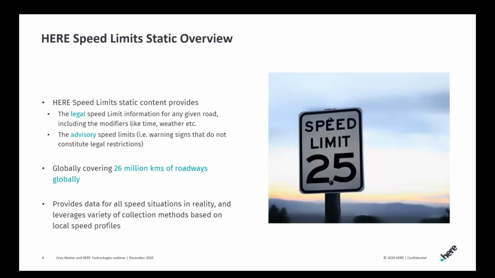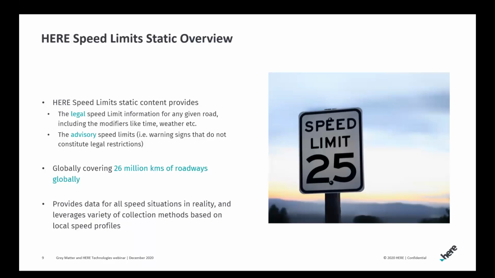We have that data all around the world, so not only in one or two countries. More than 26 million kilometers of road we have covered with speed limits. And of course, this provides data based on the input that we saw in this circle before, right? So we are collecting this information ourselves.